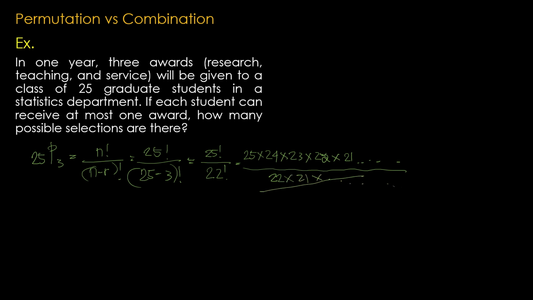So, I can cancel this one out. Therefore, that would be 25 times 24 times 23 only. Okay? What is the number of permutations that can be derived from 25 taken 3 at a time? That would be 13,800 ways.